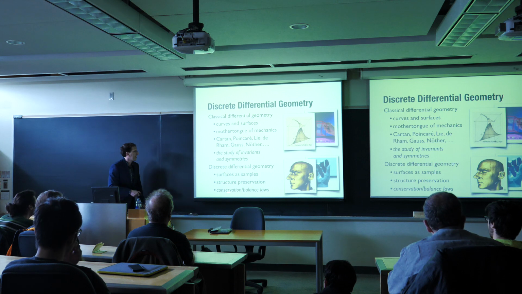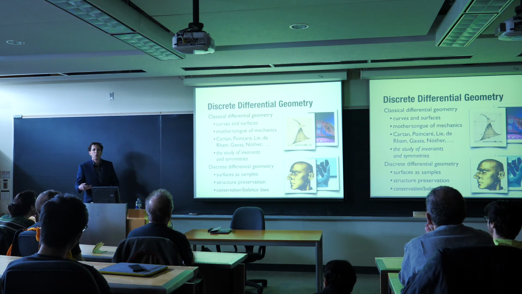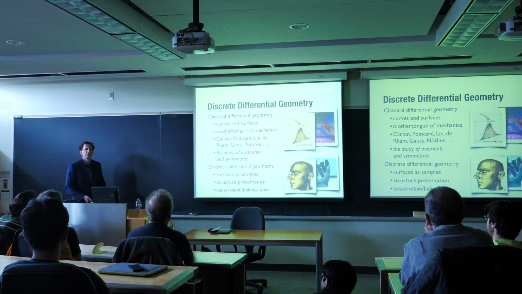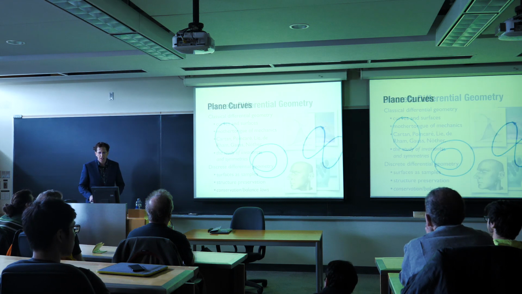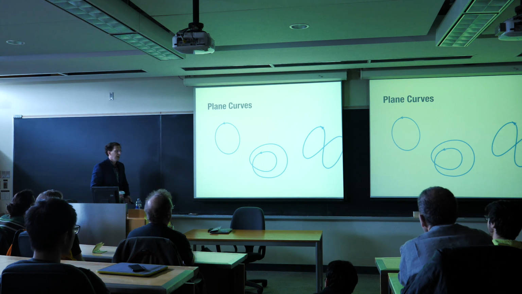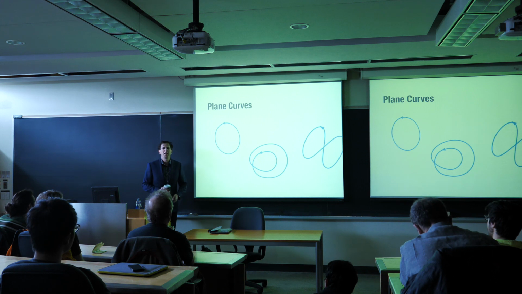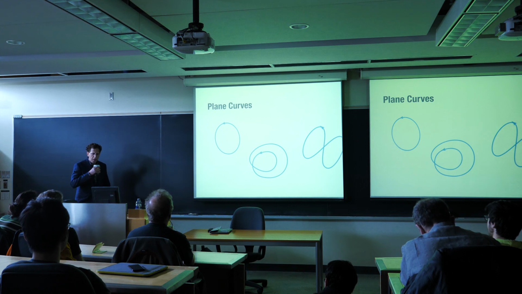And if we do that, we then want to expect some discrete notion of conservation and balance laws, as we saw before. So that's a lot of words. So let me walk through a very pedestrian example to get us all on the same page.